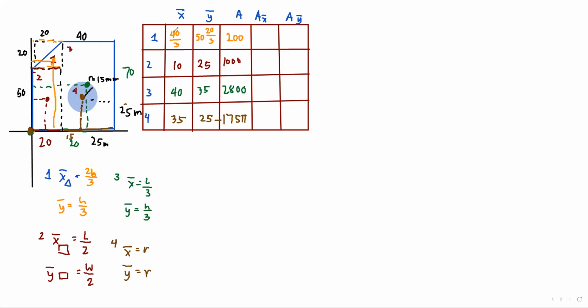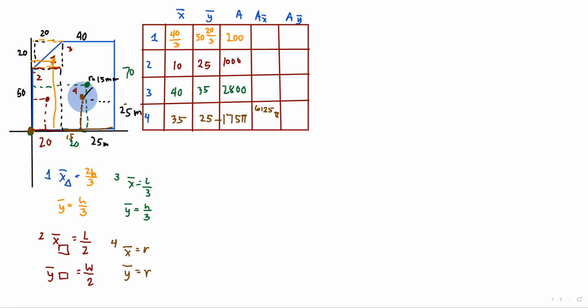So, AX, 100 times, so ito muna, 35 times 175, 6125 pi. Di ba? Next, 25 times 175. Tama ba? 15 times 15, 225 pala.